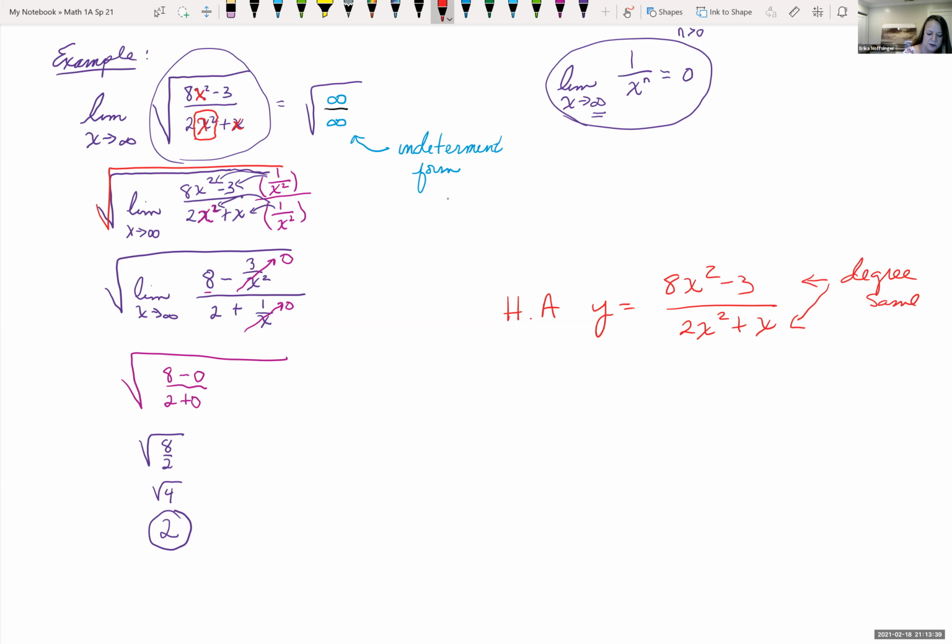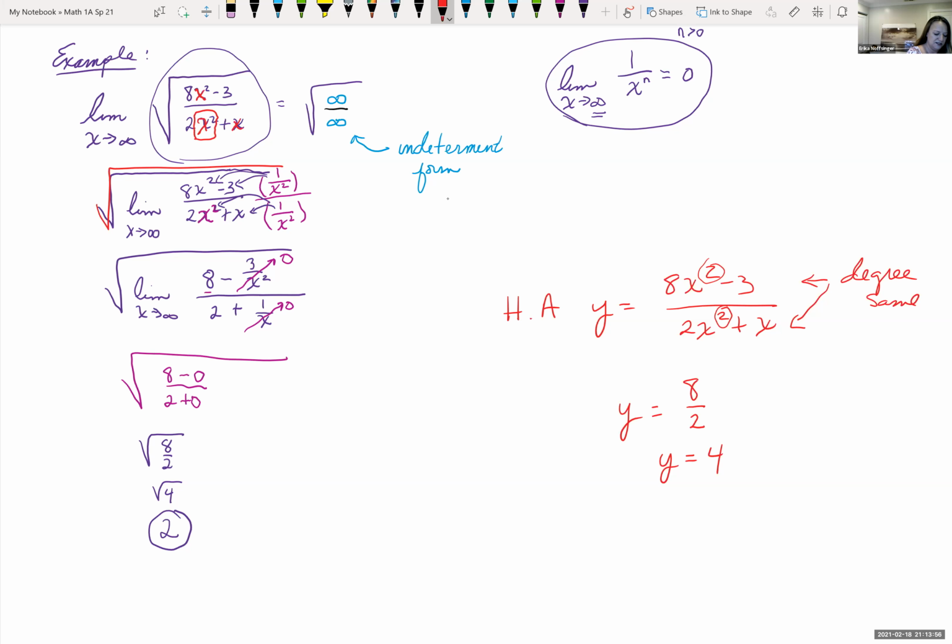Degree was the highest exponent in the numerator and the highest exponent in the denominator. If they were the same, then it was the leading coefficient at the top, which is 8, all over the leading coefficient of the bottom, 2. Using algebra, that would have given us 4.